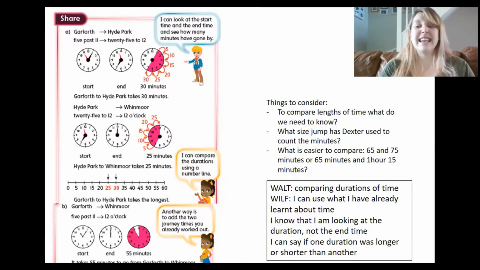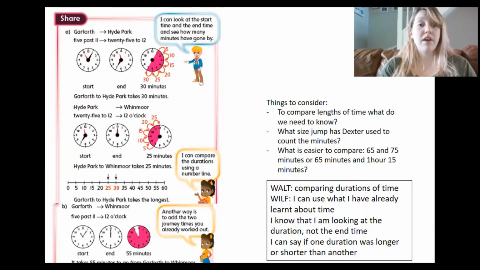And is it easier to compare 65 and 75 minutes or 65 minutes and an hour and 15 minutes? Interestingly, 75 minutes and an hour and 15 minutes are exactly the same duration of length. It's just a different way of writing them. But it can make it a bit trickier when it comes to compare the lengths. You really need to remember that 60 minutes is the same as 1 hour.